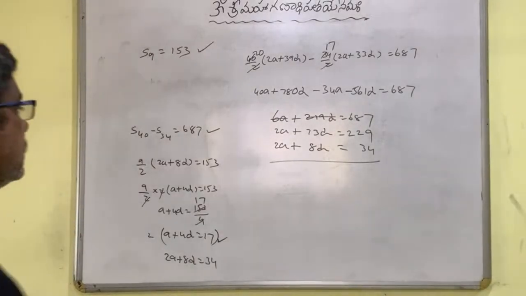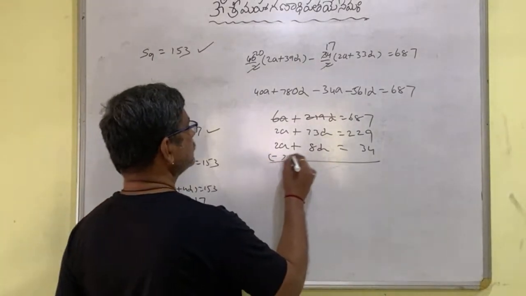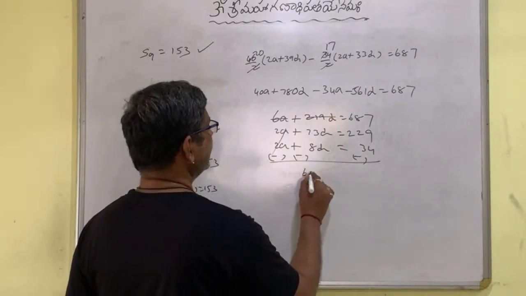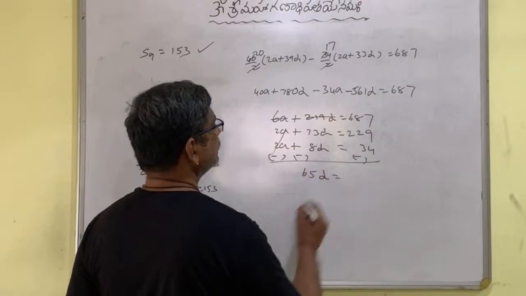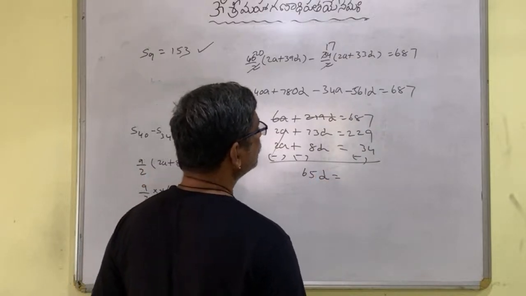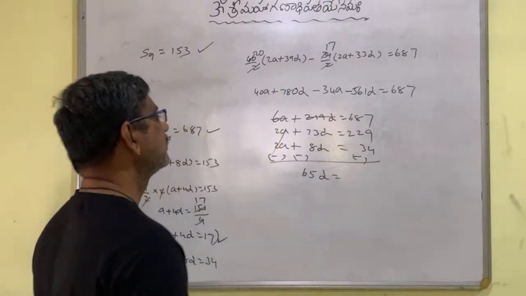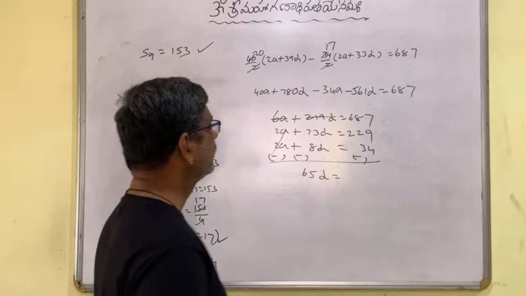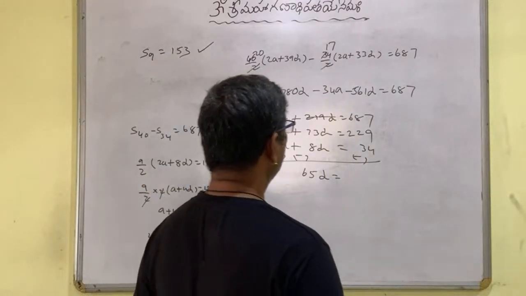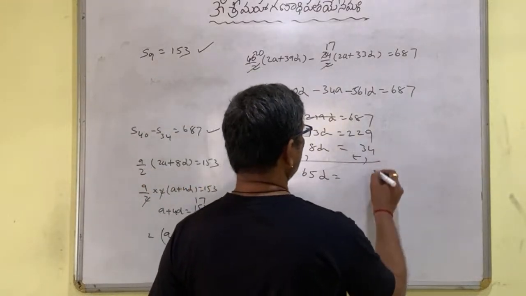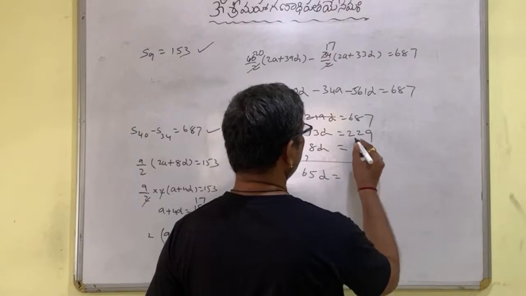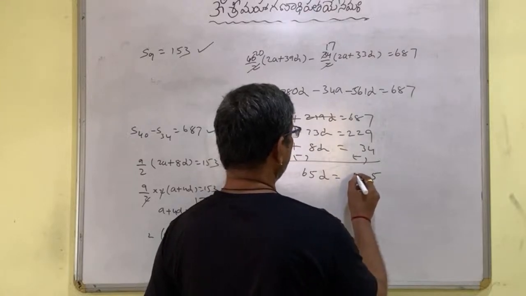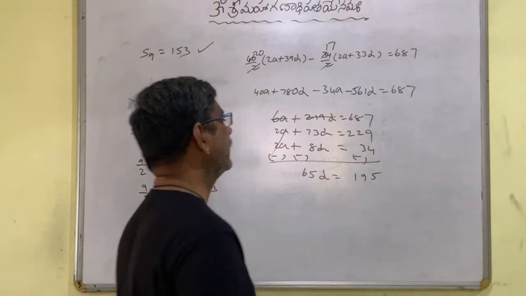Now simplify this, subtraction, elimination. 65d is equal to 229 minus 34, which is 195.